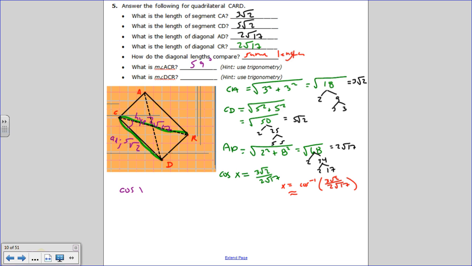So the cosine of x is equal to adjacent, which is 5 square root of 2, over the hypotenuse, which is 2 square root of 17. And then you must inverse that.